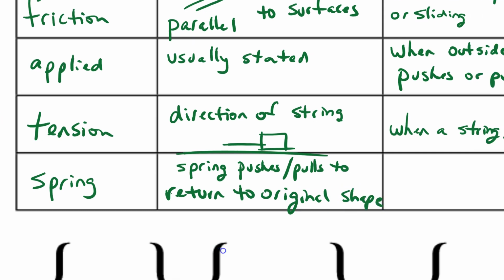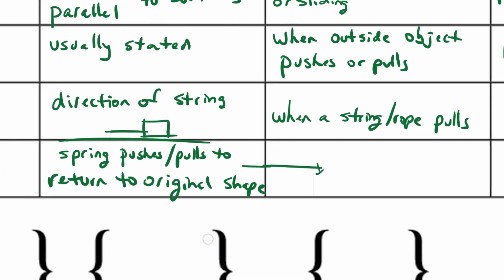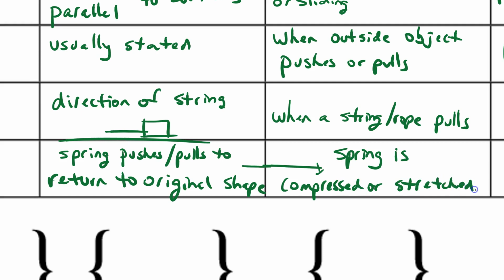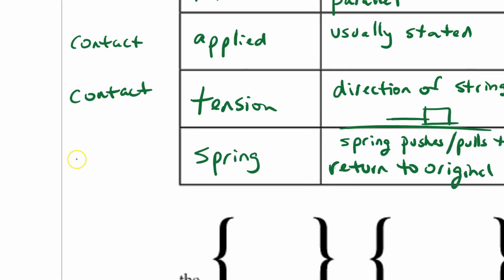And that kind of describes both the direction and when it happens. When you have a spring that's either been compressed or stretched. Compressed means get smaller. So if you have a spring that's stretched or compressed, it's going to try to get back to its original shape. I think you can probably guess the symbol is capital F with a small s, and we don't have an equation yet, and it is a contact force.